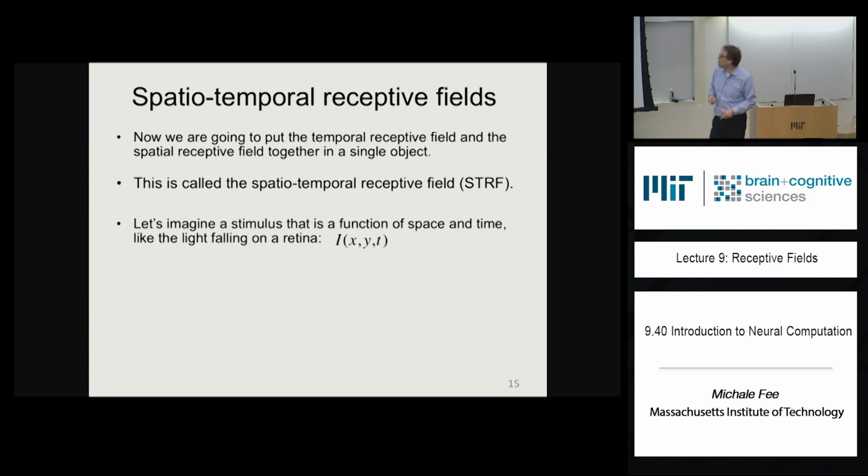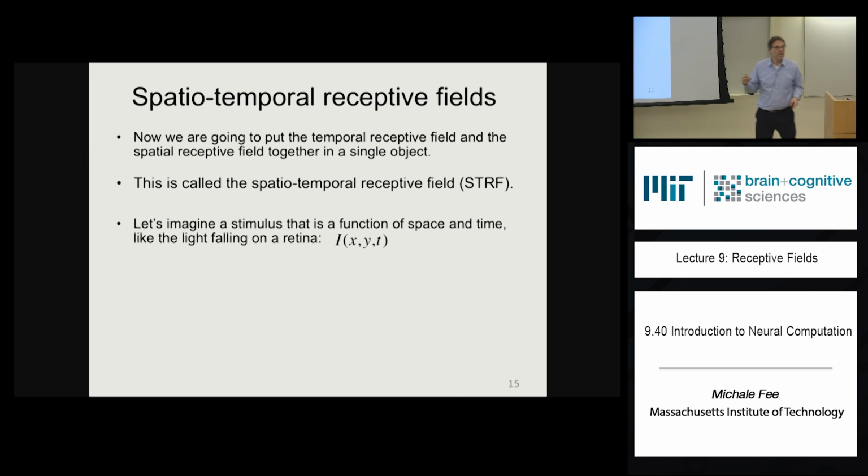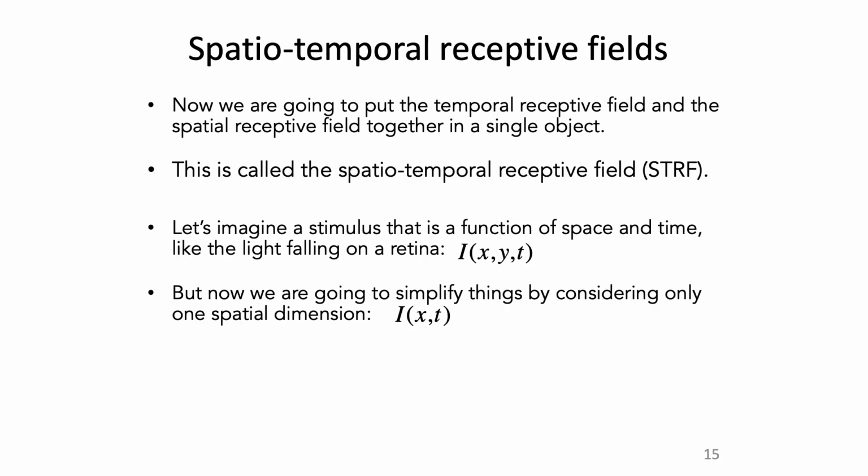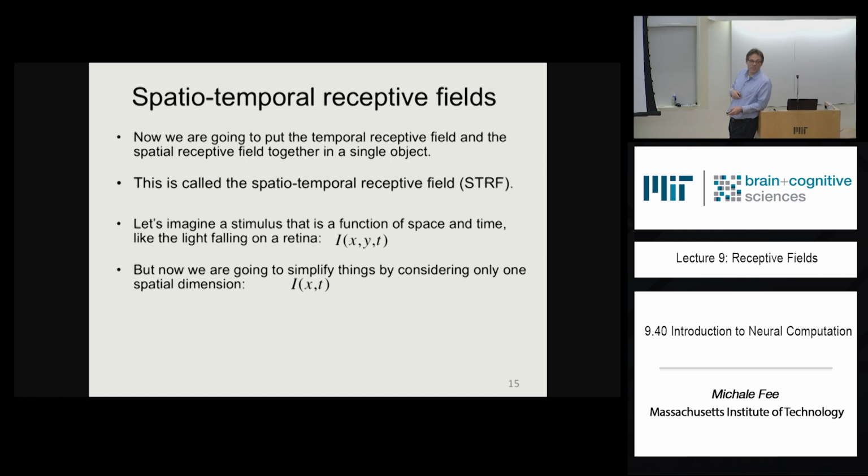Okay, and so we're going to now present to our retina. Okay, and we're going to simplify this by considering just one spatial dimension. So we're going to take your favorite movie and just collapse it into intensity as a function of position. It's probably not nearly as interesting. It's much easier to analyze.